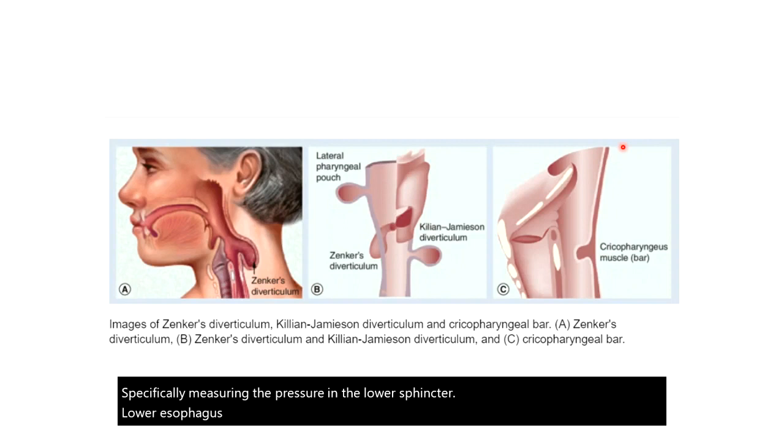When a patient has a Zenker diverticulum, this patient can accumulate saliva and also rest of the food inside the diverticulum, and the manifestation apart from dysphagia is going to be halitosis.